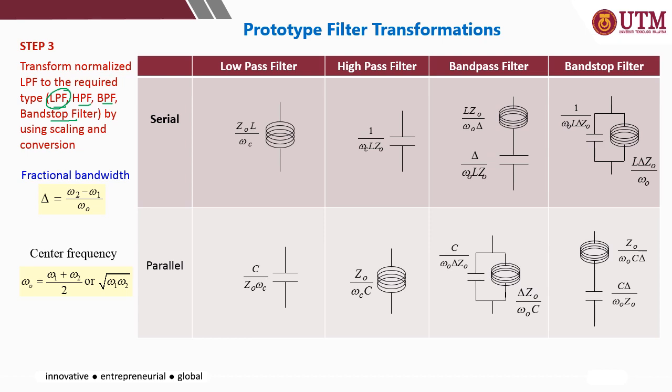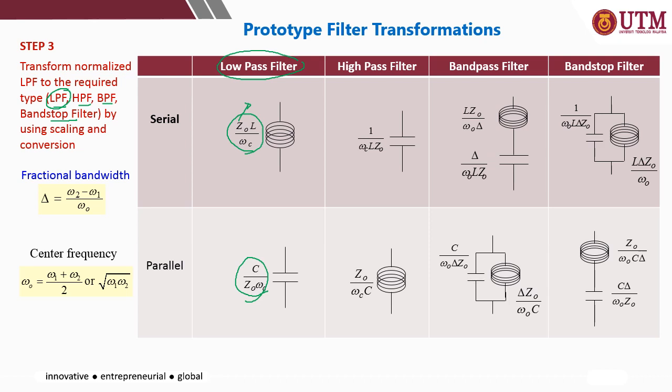If the final design must be low pass, then the serial inductor must be recalculated by using this equation. Z0 is the characteristic impedance, L the inductance value, and omega C the cutoff frequency. If the first component is the parallel capacitor, then you need to recalculate by using this equation.